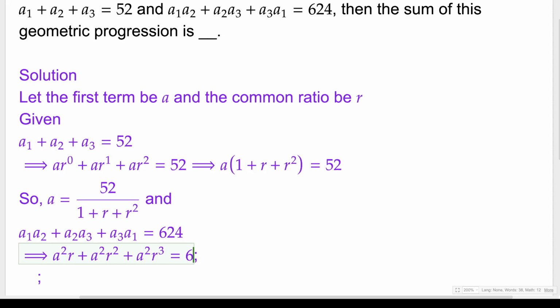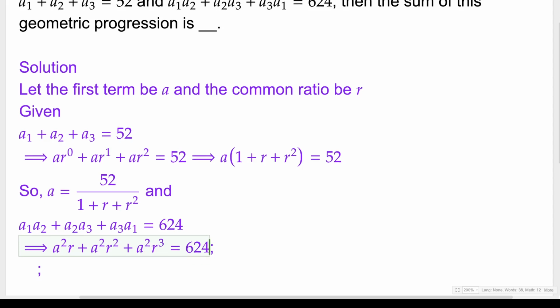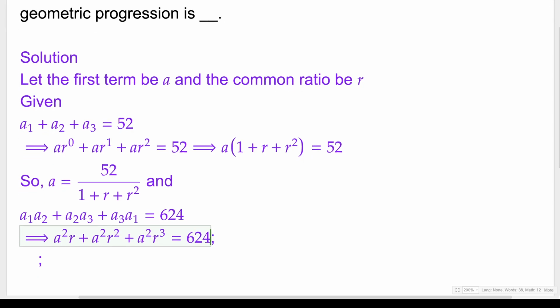This is equal to 624. Here I'm just taking these assumptions and substituting: for a subscript 1, a times r power 0, and for a subscript 2, a times r power 1. So that is effectively a squared r, and similarly for a2 a3, and then for a3 times a1.